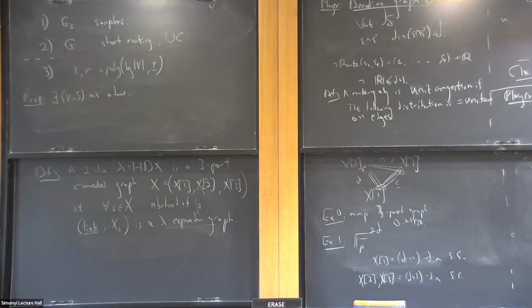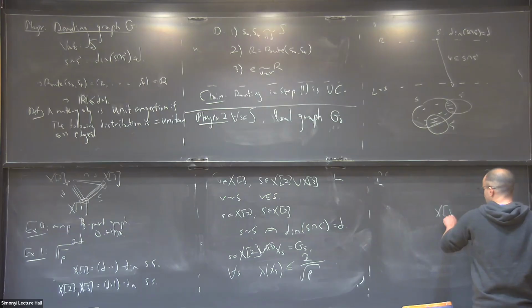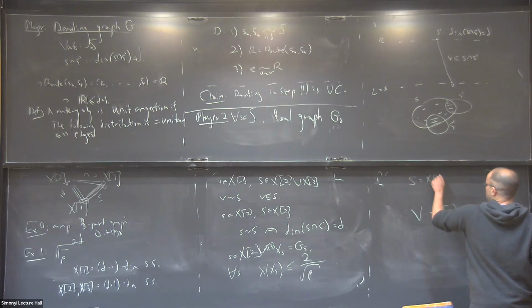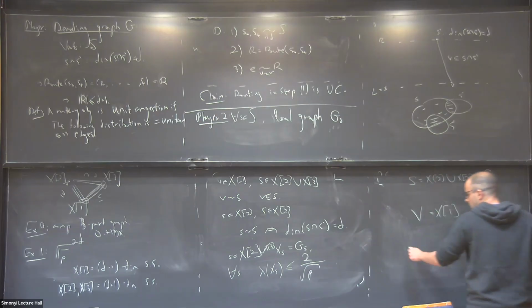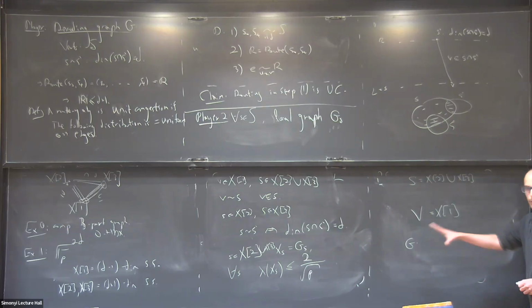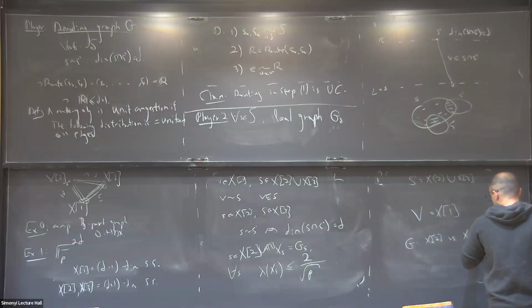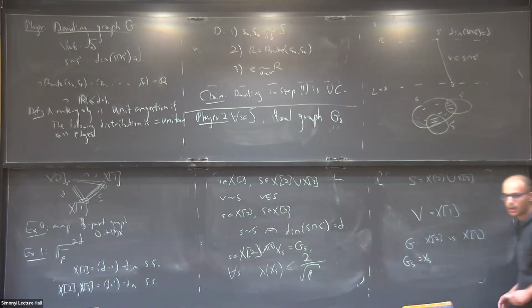Okay, so the code we're going to construct using the HDX that I will immediately tell you about is just going to take as the V side x1. It's going to take as the S side x2 union x3, and then the decoding graph will just be the graph between the two parts x2 and x3, the x2 versus x3 graph, and all these local graphs are also going to be the links.